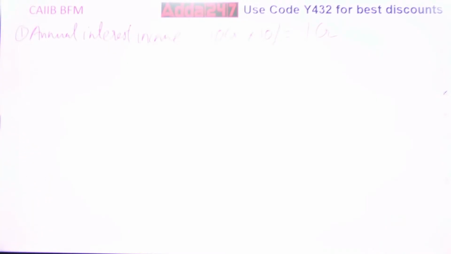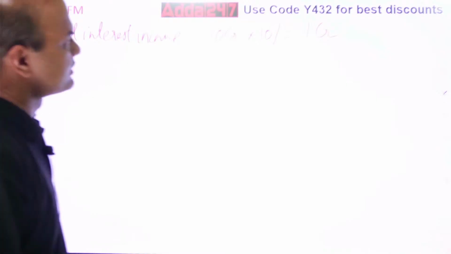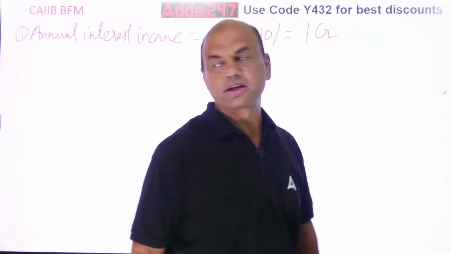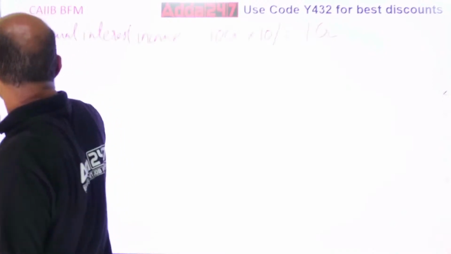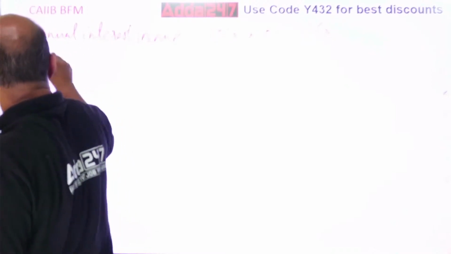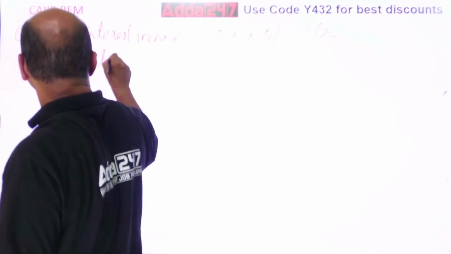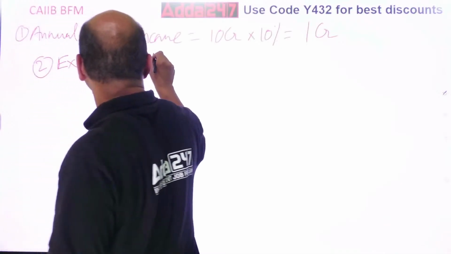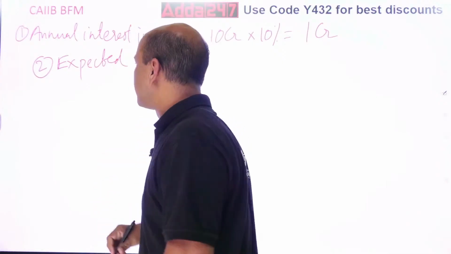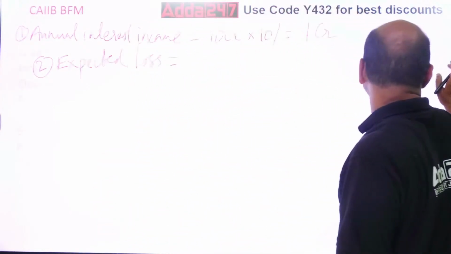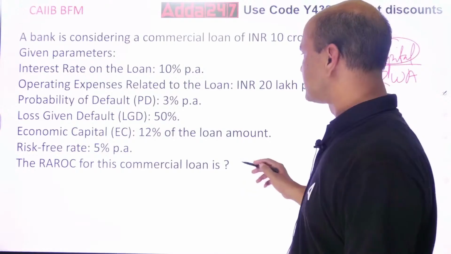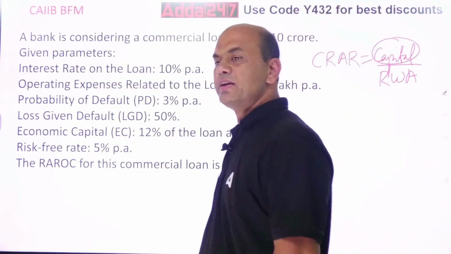Now what is the next one? Expected loss. What is the expected loss given? Probability of default is given as 3%, right?